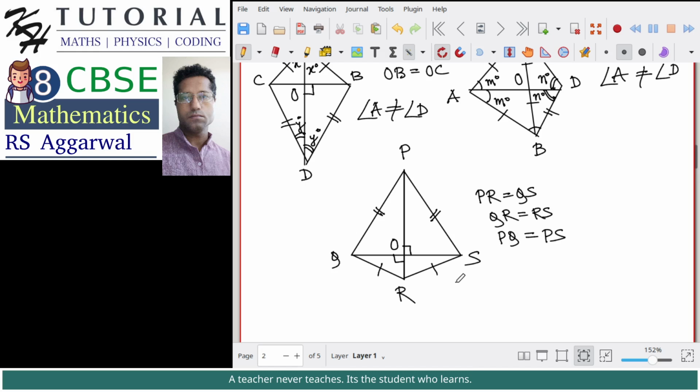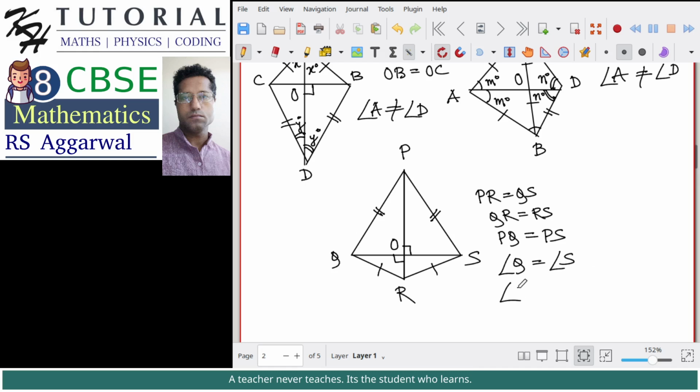Now, which diagonal will be bisected? From this diagram, you can clearly make out that the pair of opposite equal angles are Q and S. As we know, in a kite there is always one pair of equal opposite angles and the other pair of opposite angles are unequal.